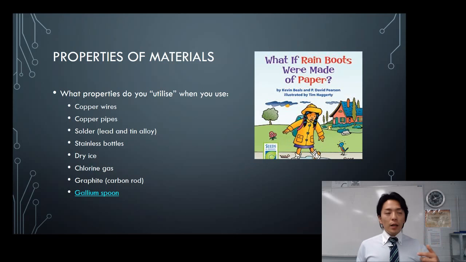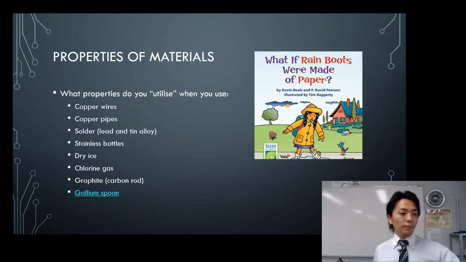Next is copper pipes for irrigation and for water mains. Why do we use copper pipe, and what property are we utilizing? Write it down. Solder, which is a tin and lead mixture, is an alloy. What property do we utilize to let it work as solder, for electrical soldering? Stainless steel bottles: why is stainless steel used to make water bottles?